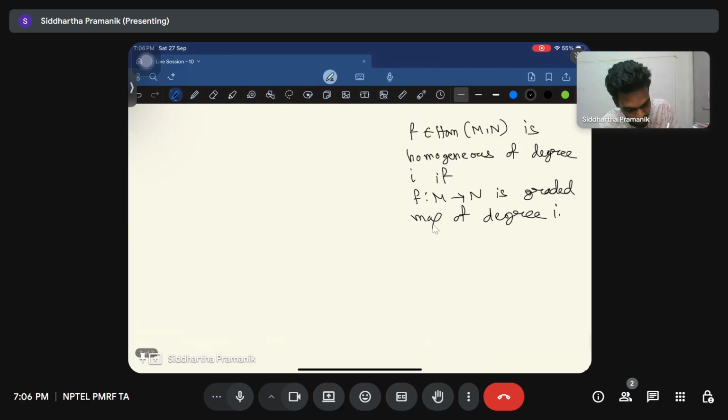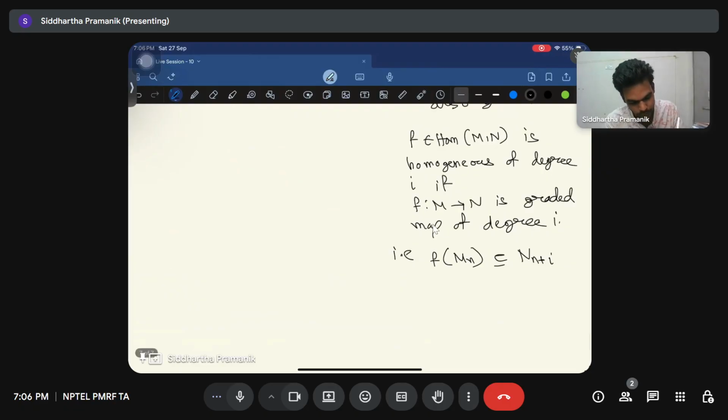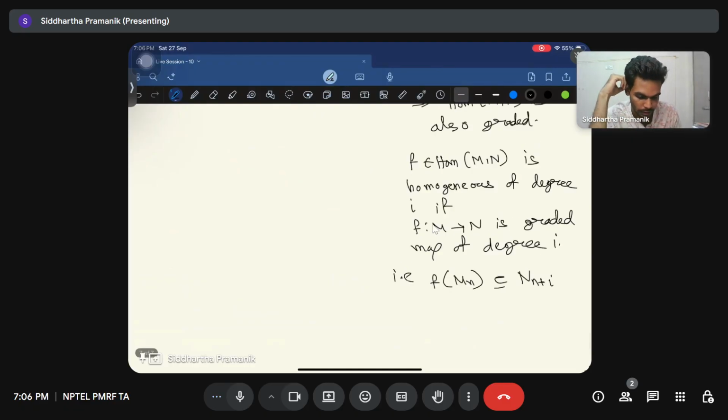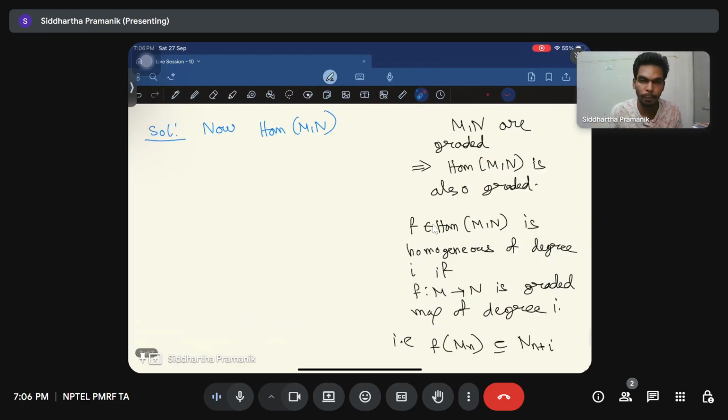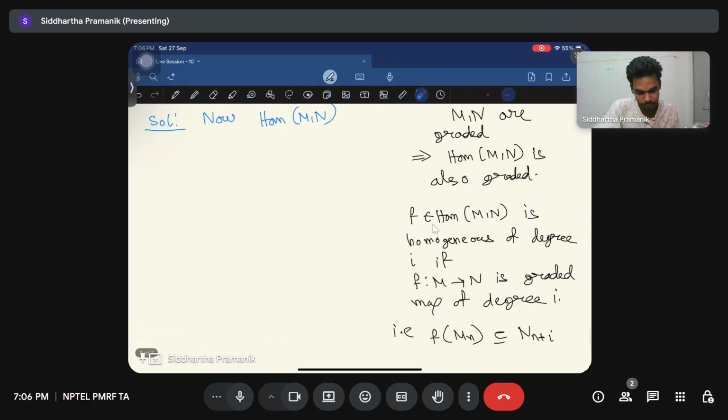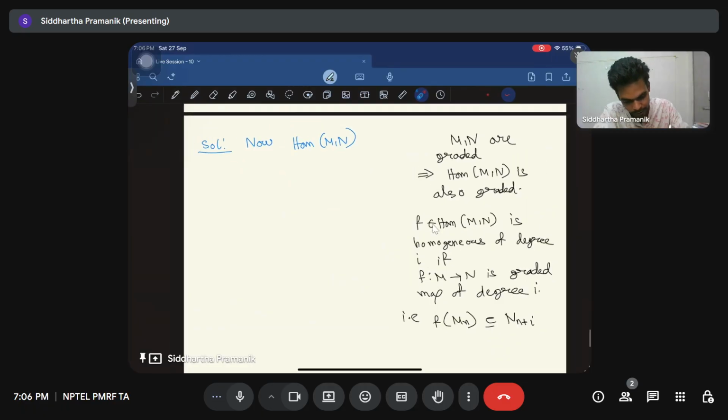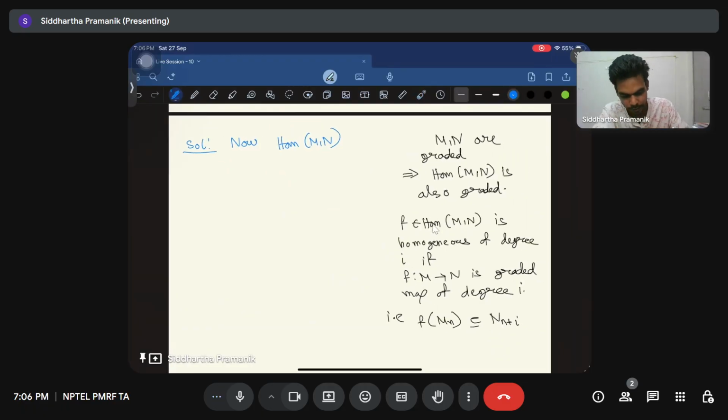And what does it mean? That means if we take the nth component of M, then it will be a subset of the (n plus i)th component of N. Then it is a graded homomorphism of degree i, and that is a degree i element of this set, Hom(M, N).